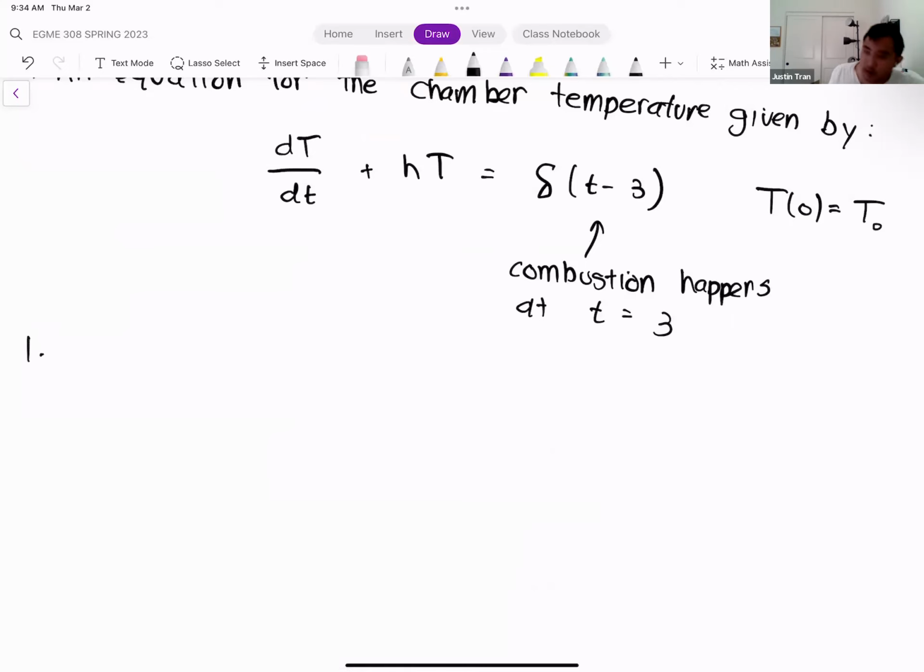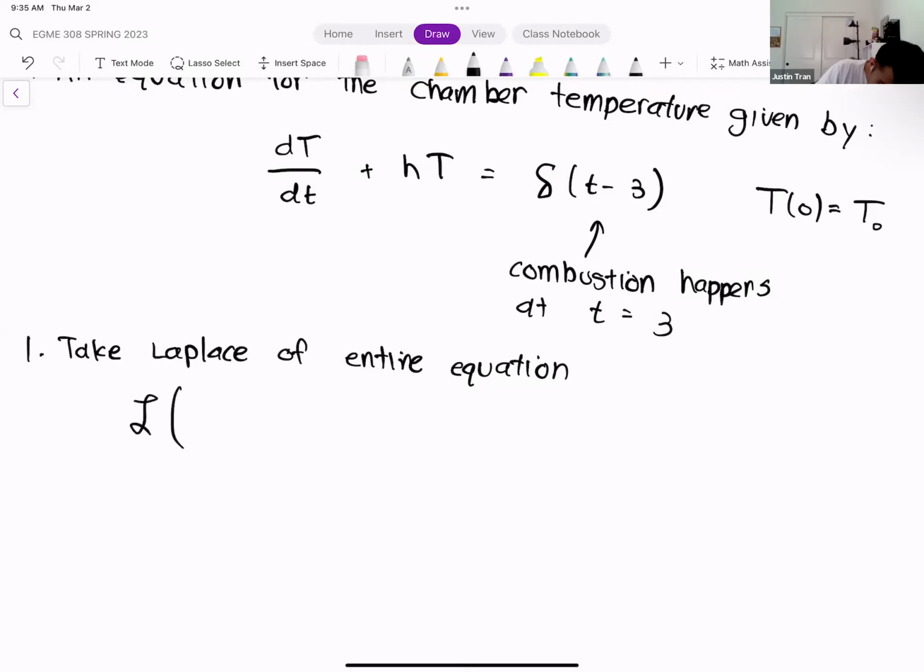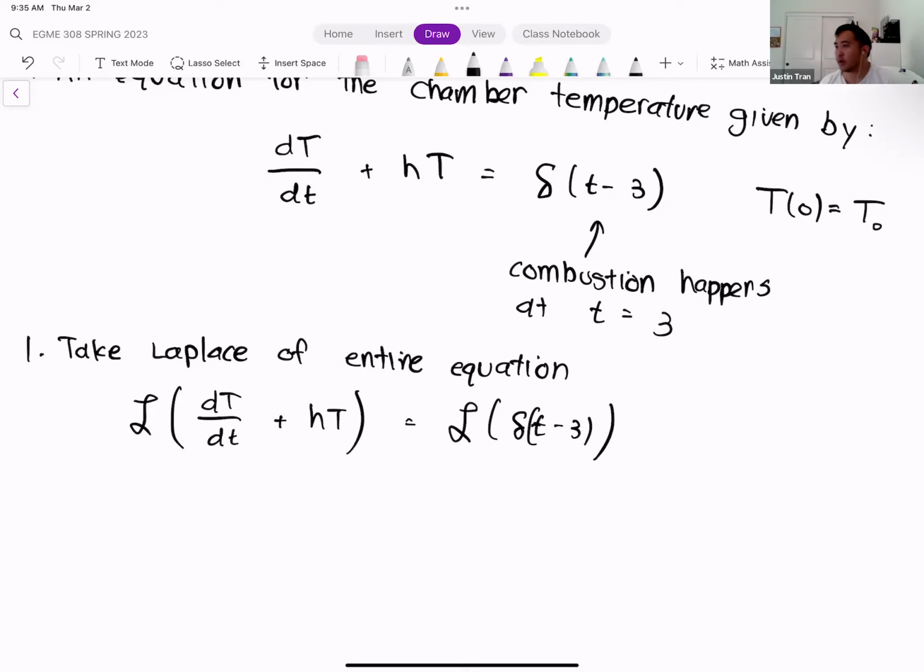All right. So step 1. Let's take the Laplace transform of this entire equation. We take the Laplace transform of the left-hand side, and that's equal to the Laplace transform of the right-hand side.